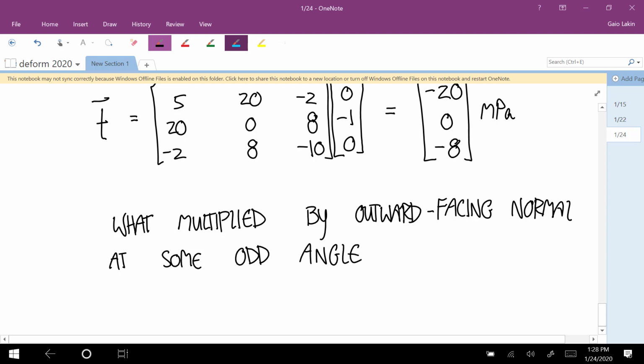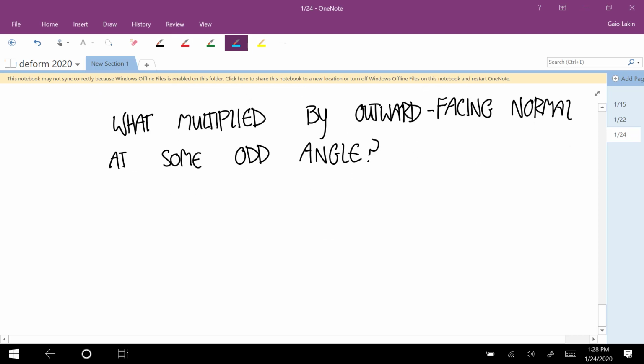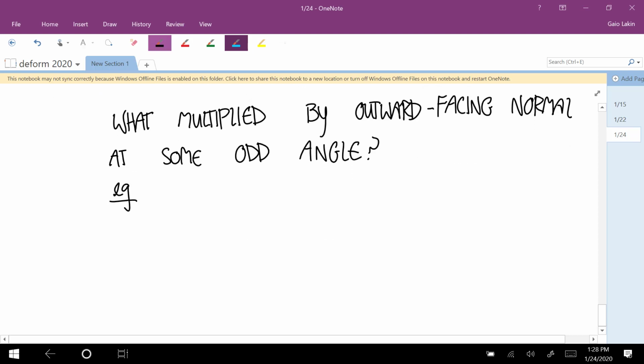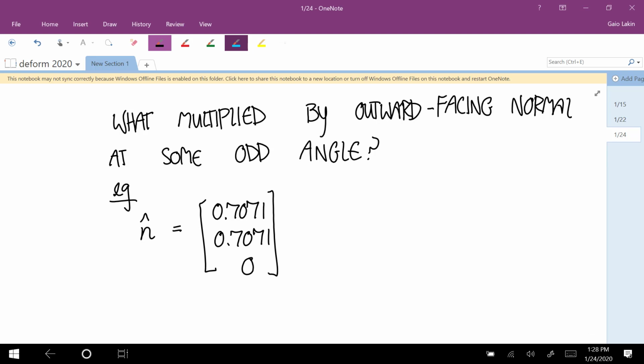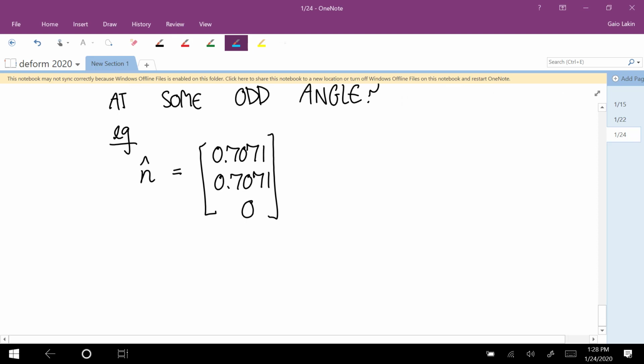Okay, so for example, what if we used an outward-facing normal of 0.7071, 0.7071, 0. So that's in the xy plane at 45 degrees between the positive x and the positive y. Well, that actually gives us something meaningful.